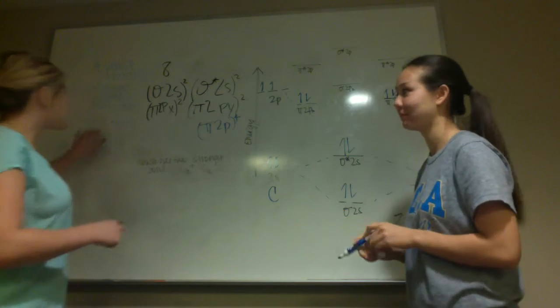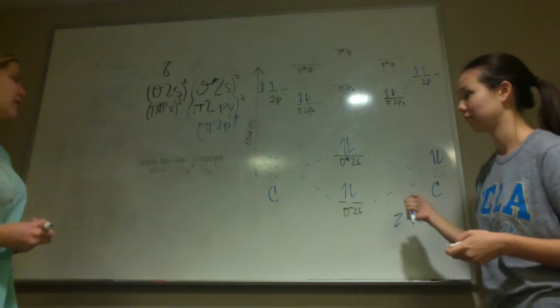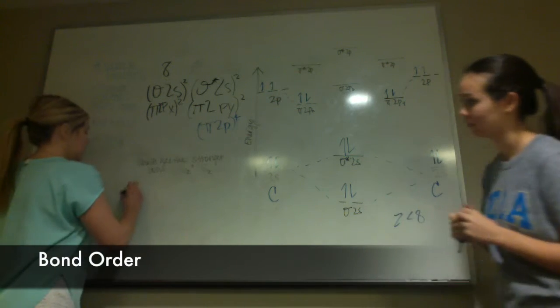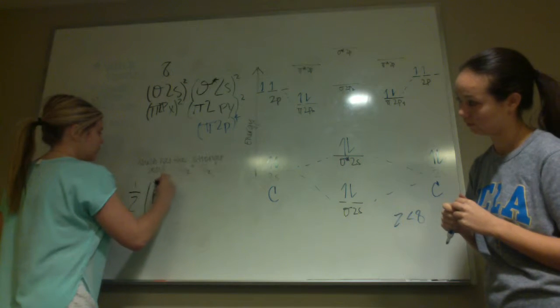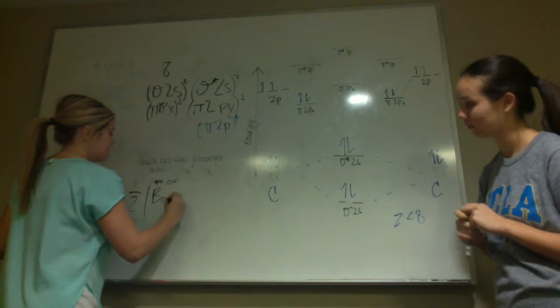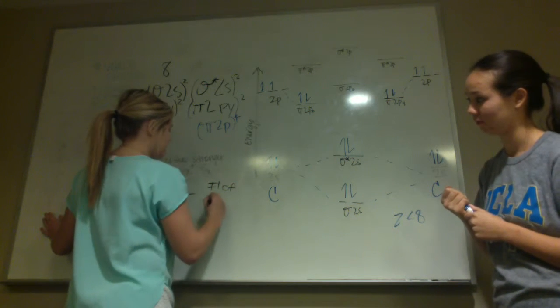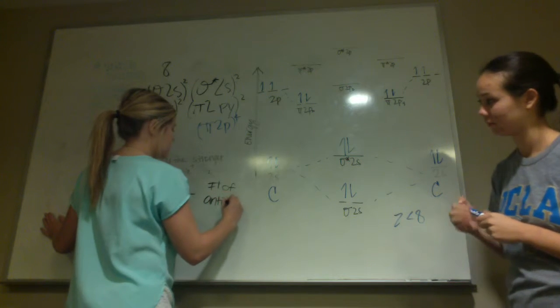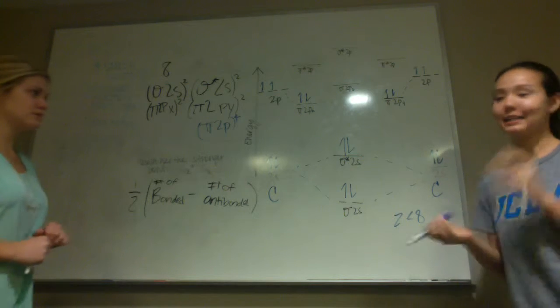All right, and then the next question is asking about bond order. So for bond order, our equation is 1/2 the number of bonded electrons minus the number of antibonding. So in this case, it's pretty easy to figure out.